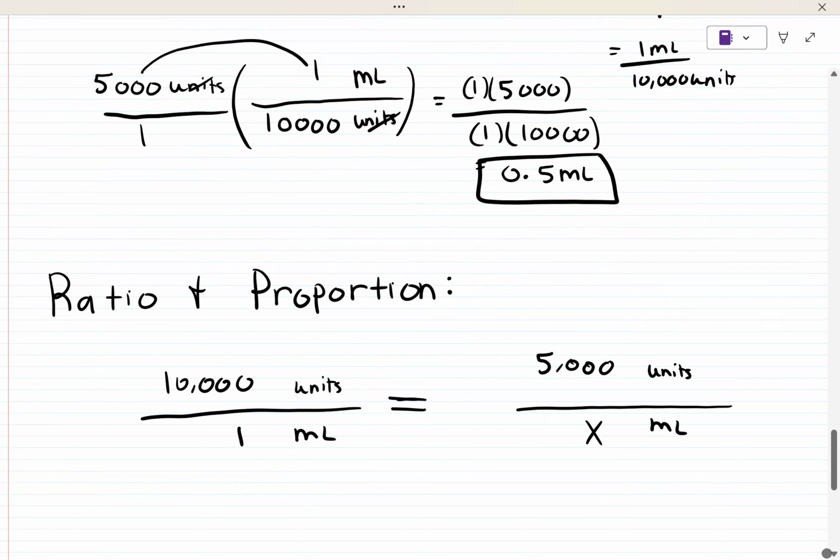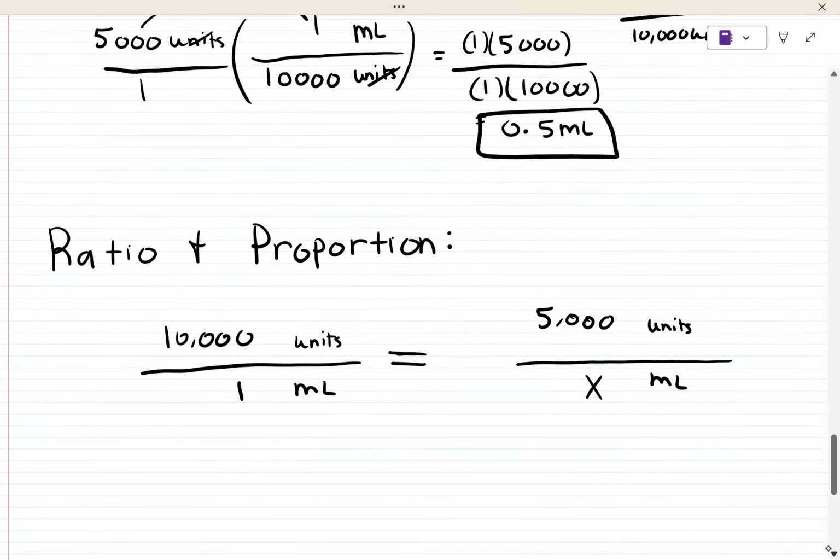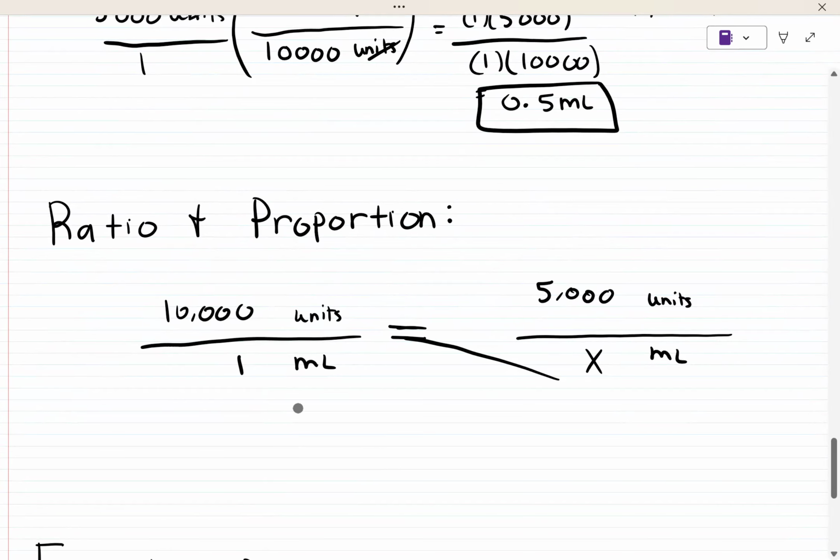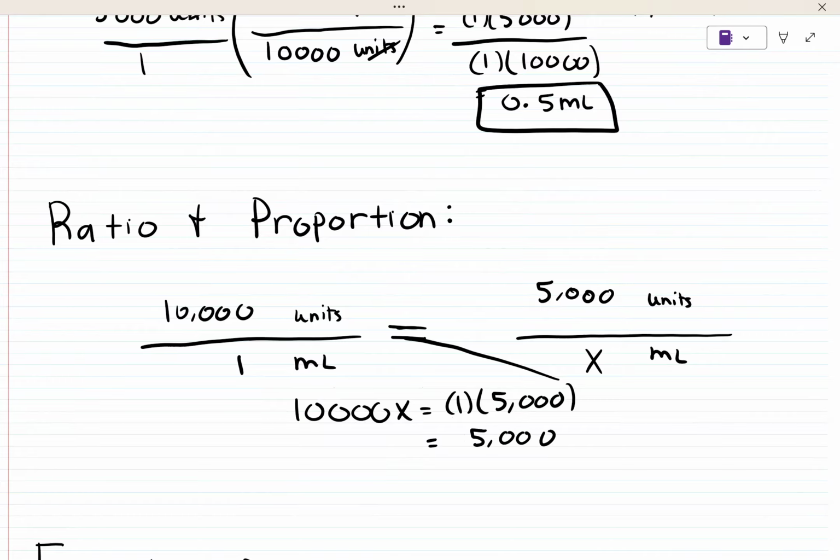That's our unknown. Then you cross multiply. So x times 10,000, and then 1 times 5,000, which is 5,000. Divide out the 10,000 and you get 0.5 milliliters.